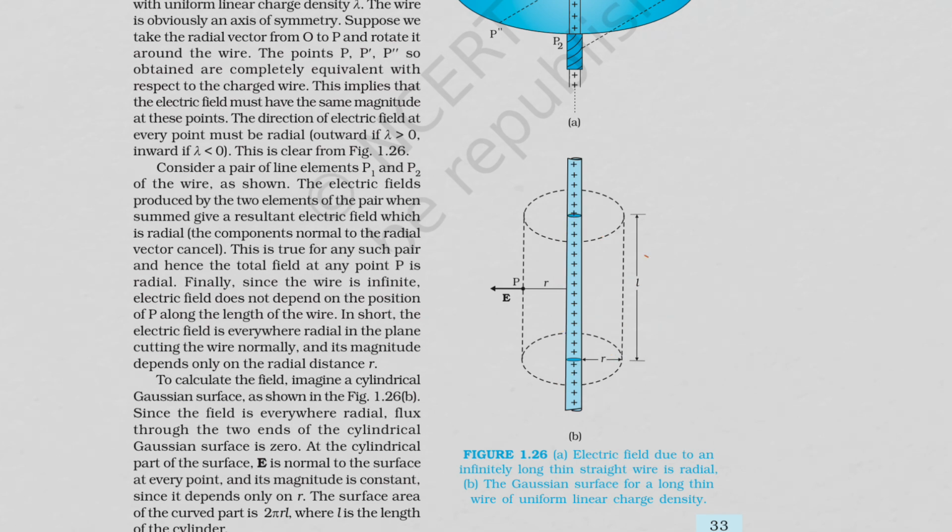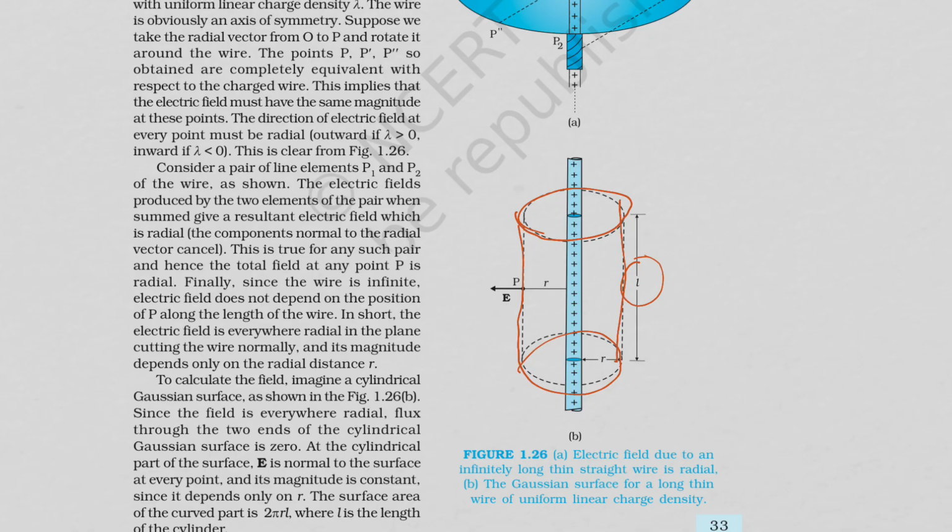To use Gauss's law, first of all we have to make an enclosed Gaussian surface. Let's say the length of the wire is L, and we put this length of the wire inside a cylinder. A cylinder is a closed surface.